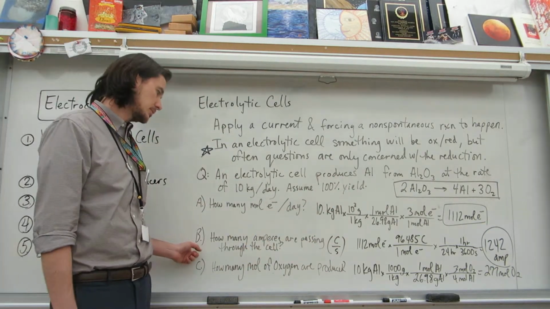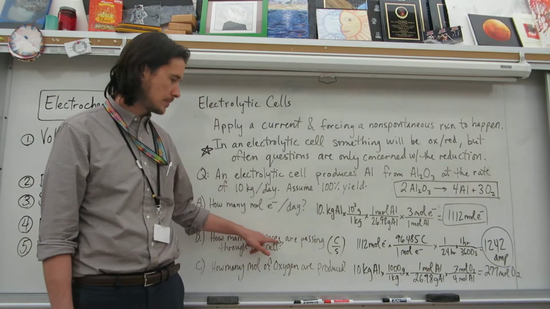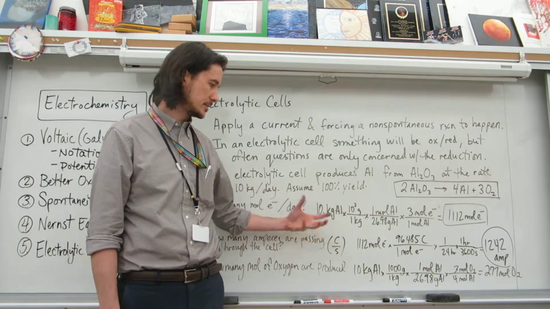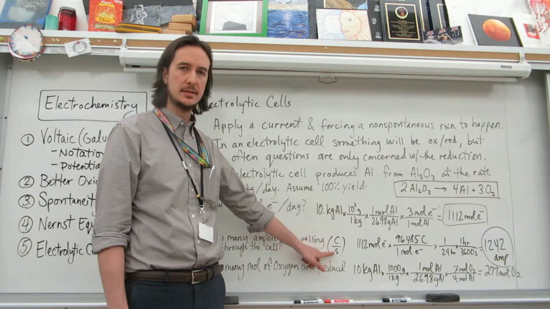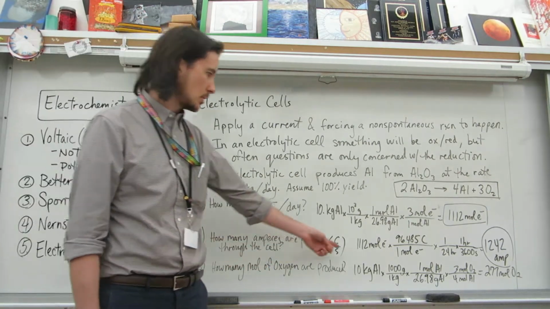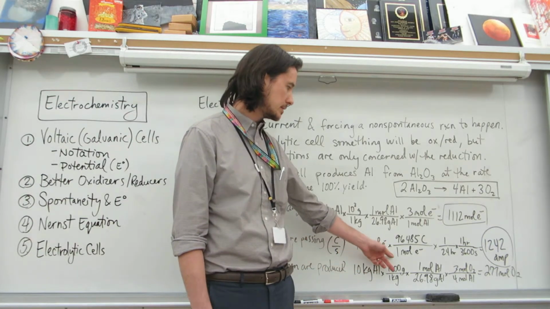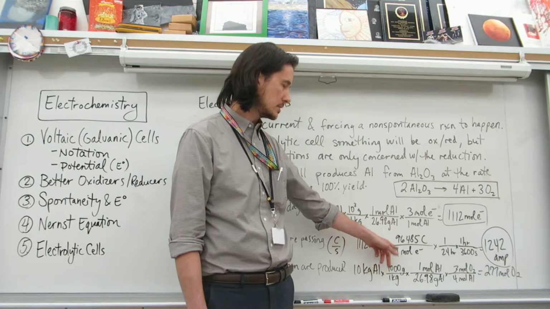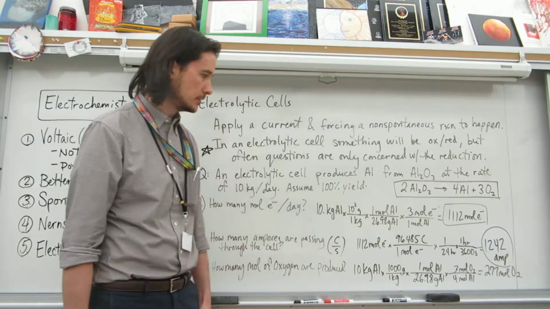So how many amps are passing through the cell? You really got to remember that an ampere is a rate, it's coulombs, an amount of charge per second that's passing. So we start with our moles of electrons, then you look at your formula sheet, you have Faraday's constant, right? A mole of electrons has this many coulombs, so you convert.